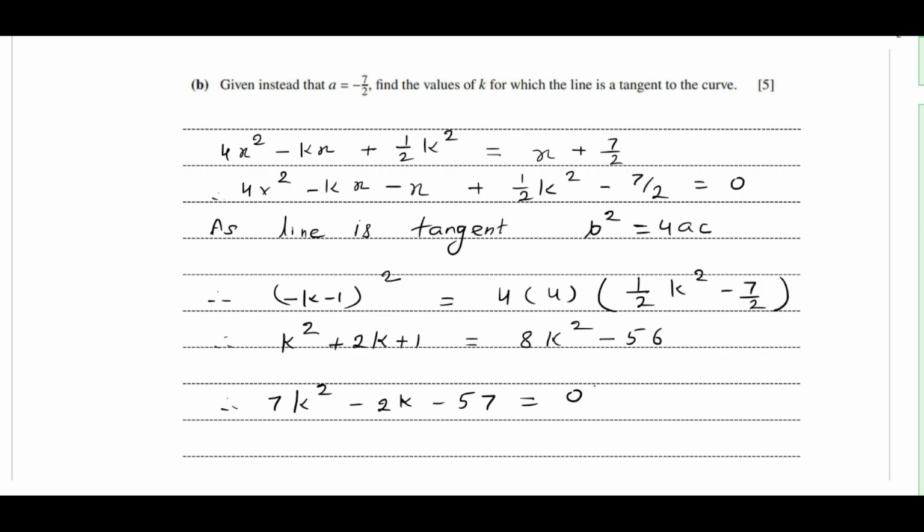Let us use our calculator and solve this quadratic equation. We will get 3 or minus 19. Therefore k is 3 or minus 19.